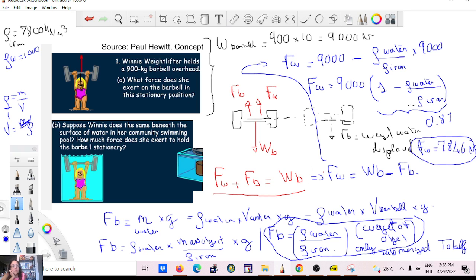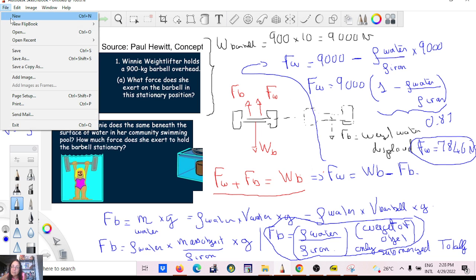The interesting thing to remember is that this works only if the object is totally submerged, so it displaces its own volume. If it's floating, it's partially submerged, so it's not displacing its own volume. So it only works when it's totally submerged. We have this relationship here. A very cool problem.